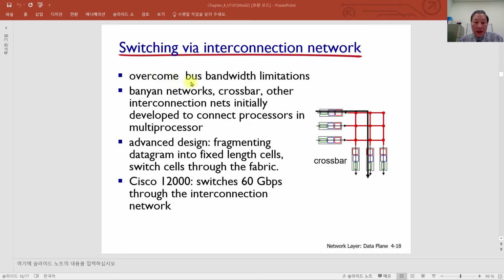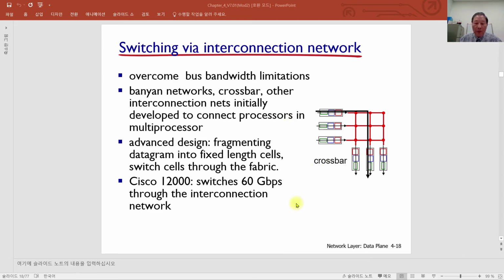This is another architecture, which overcomes bus bandwidth limitations. Thus, this one provides higher performance, higher speed, and is more expensive. Banyan networks and crossbars are interconnection networks initially developed to connect processors in multiprocessors.